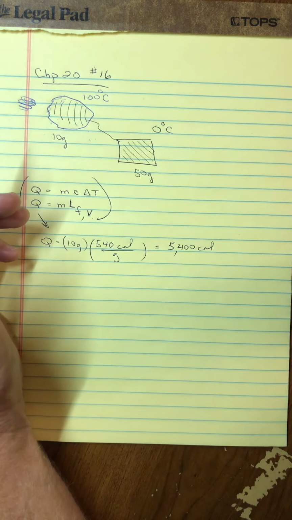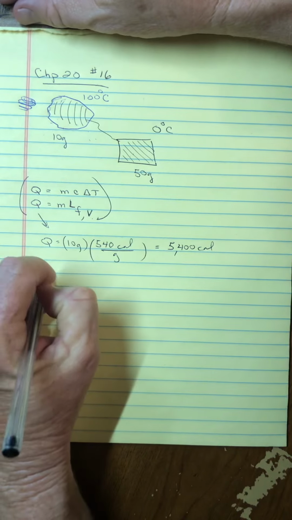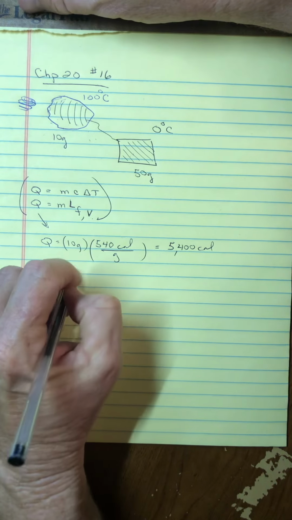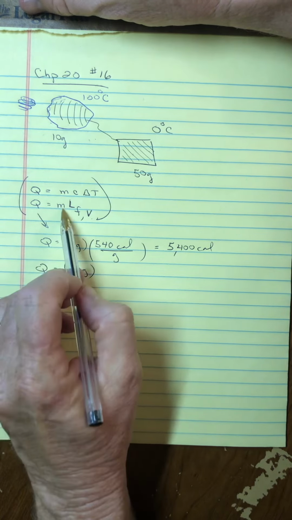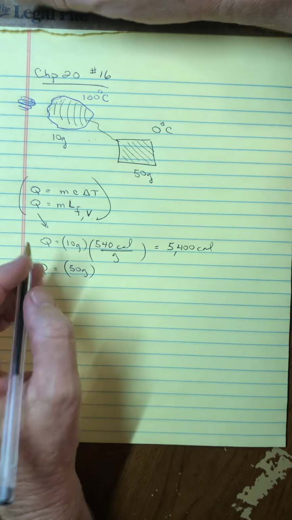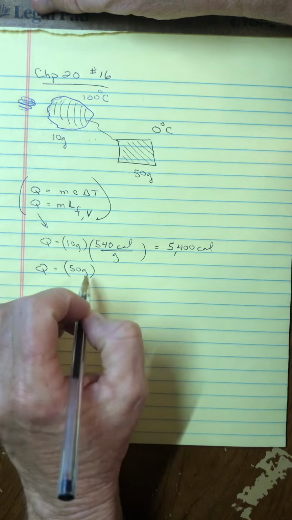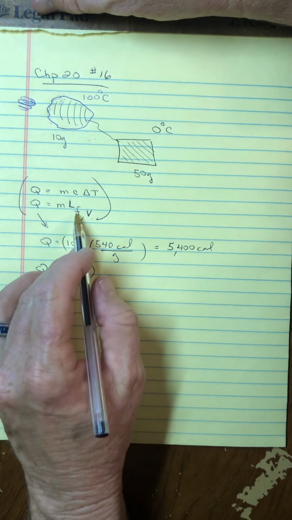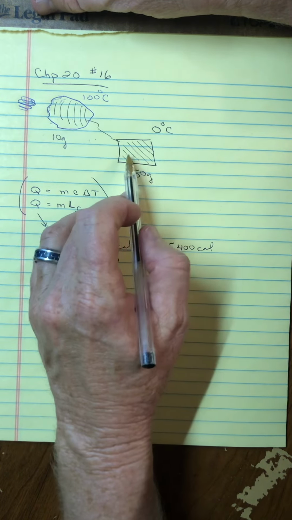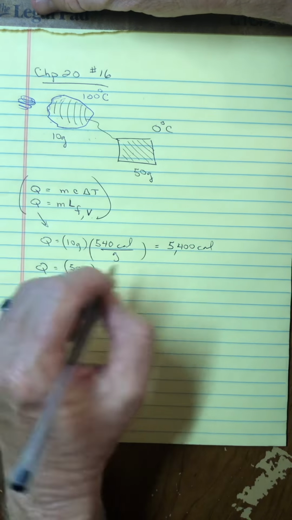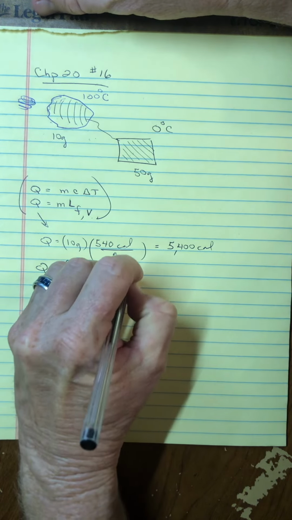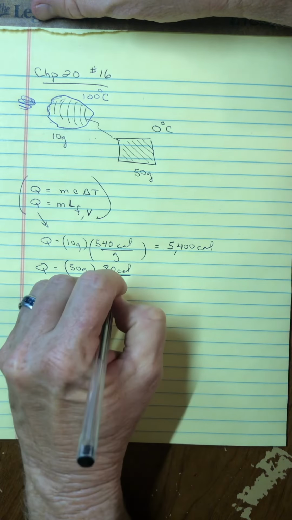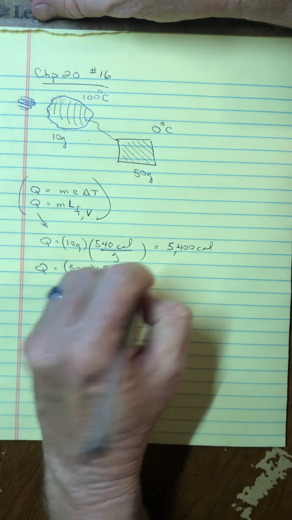But let me also go the other direction here. Let me take the 50 grams, the mass of the ice, and say, all right, how much energy would need to go into the ice in order to melt all that ice? So we look up the latent heat of fusion of water, and we see it's near 80 calories per gram.